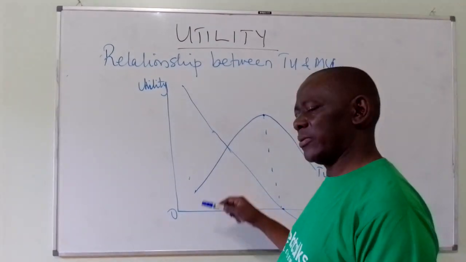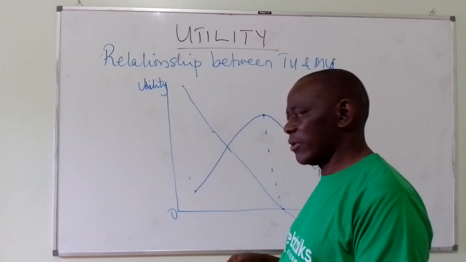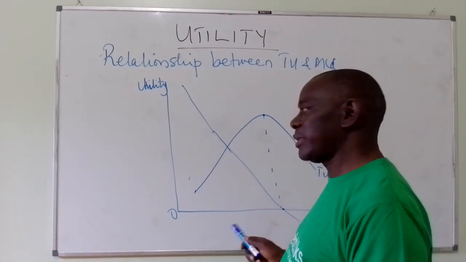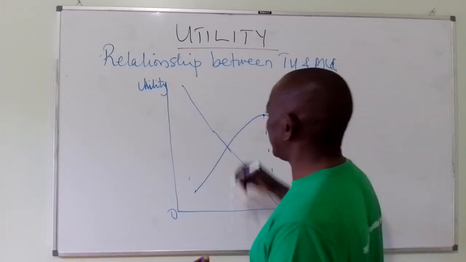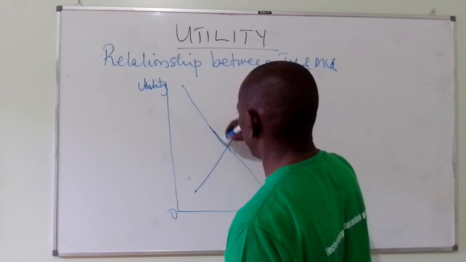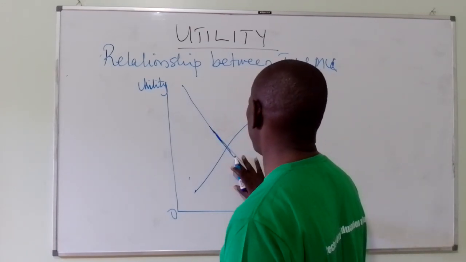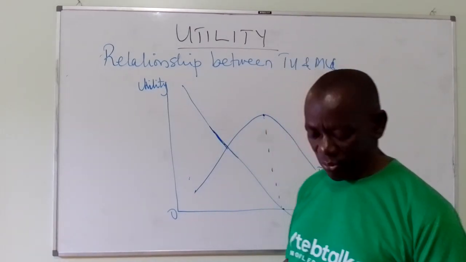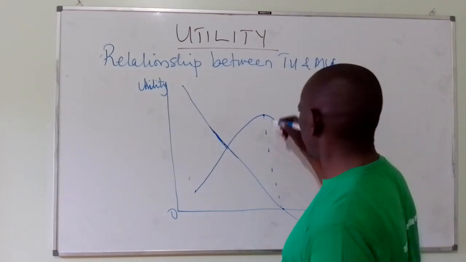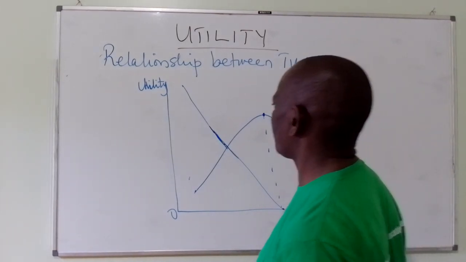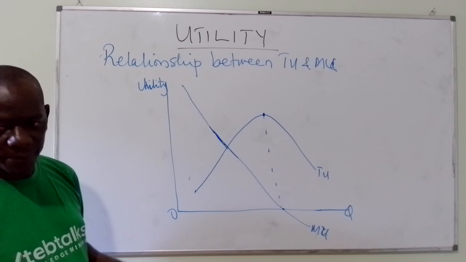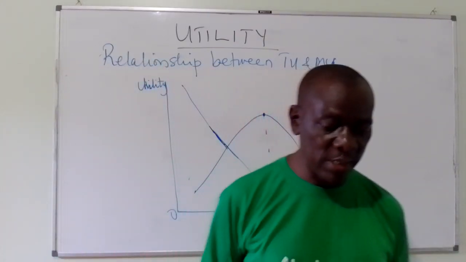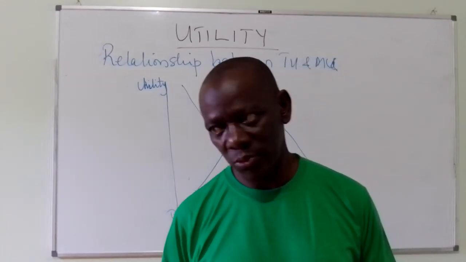When you add on the second unit you are consuming, the total utility will increase, but the marginal utility is declining, it is going down. So time comes when marginal utility becomes 0. The relationship from this diagram indicates that the consumer reaches the maximum of total utility when marginal utility is 0.